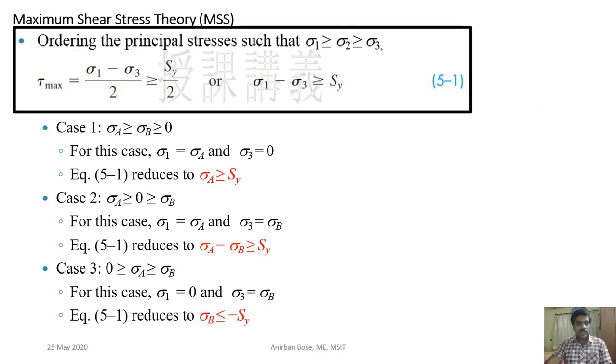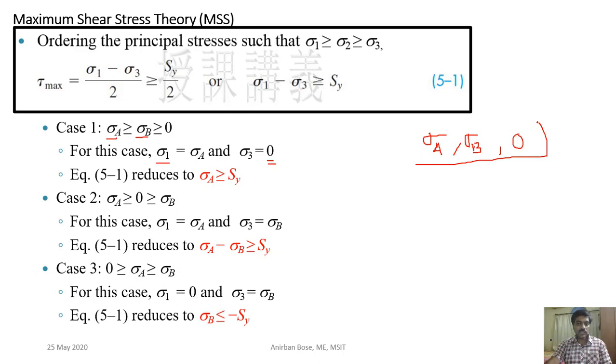Let us see. If sigma A and sigma B are both positive and sigma A is greater than sigma B, then definitely sigma 1 is sigma A, and sigma 3 is 0, because you know that in a plane stress situation the non-zero principal stresses are sigma A and sigma B, and the other one is always 0.